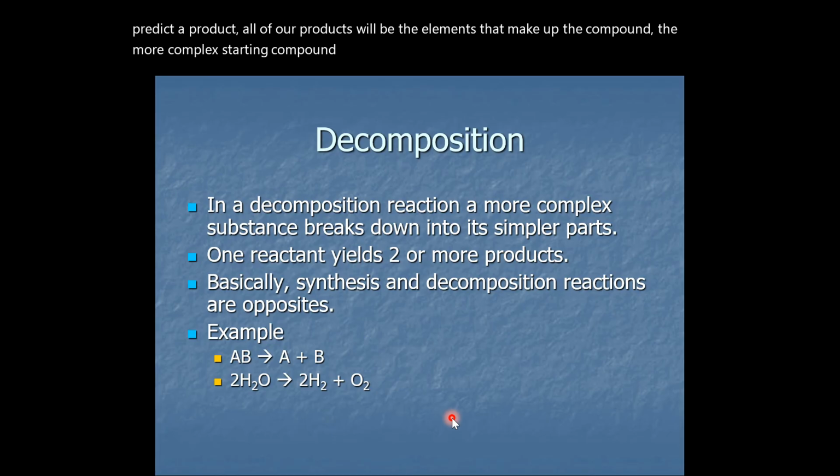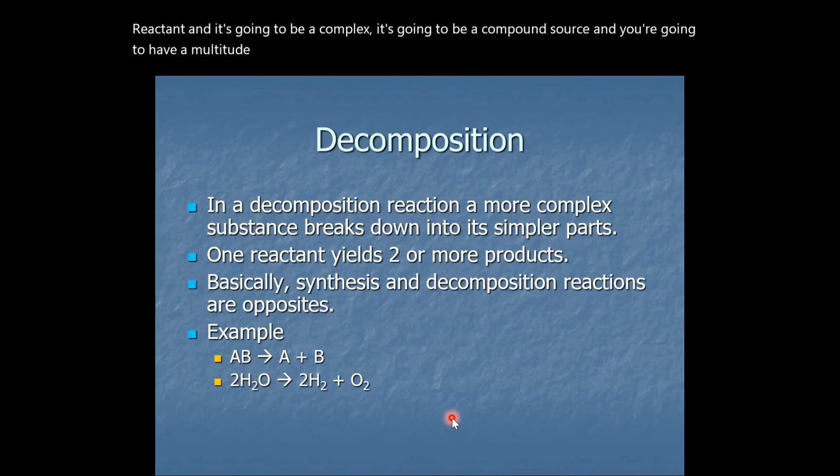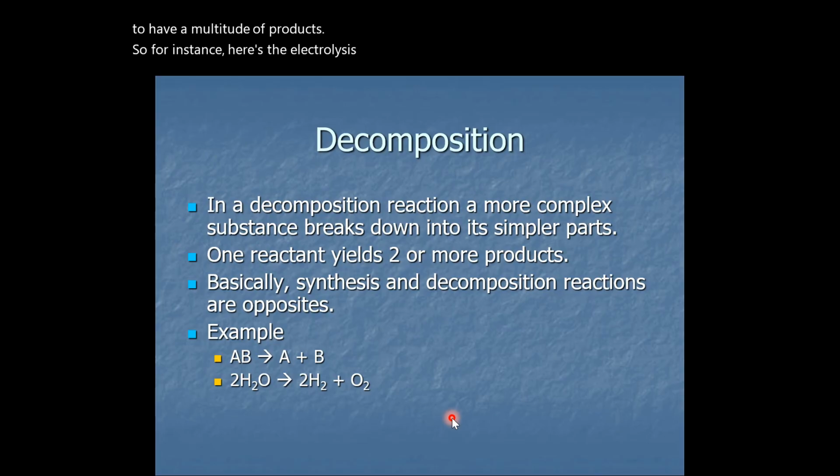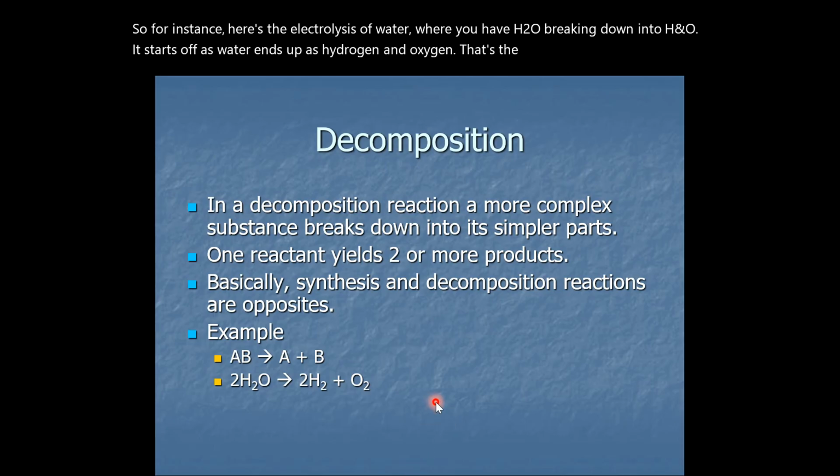So you're going to have only one reactant, a compound, and you're going to have a multitude of products. For instance, here's the electrolysis of water, where you have H2O breaking down into H2 and O2. It starts off as water, ends up as hydrogen and oxygen. That's the electrolysis of water.